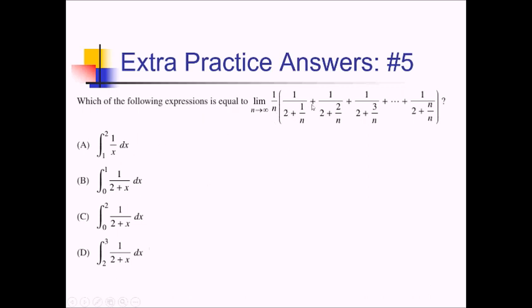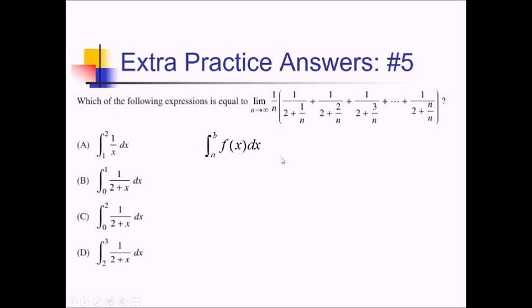So we have to think about this as a problem where we're converting a summation into a definite integral of the form integral from a to b of f of x dx. In this setup, the delta x is this 1 over n, and the f of x is all of these rectangle heights that are being added together and multiplied by this base that's always the same. So how do we even get started on this?